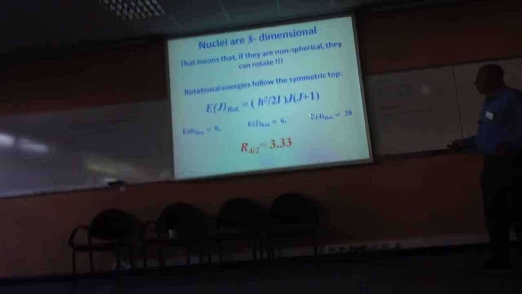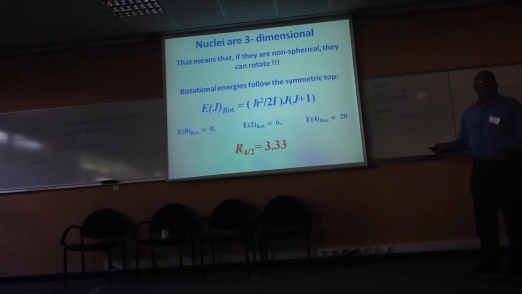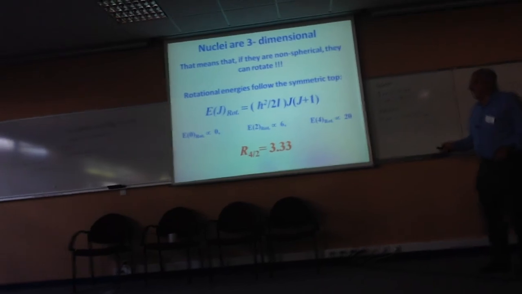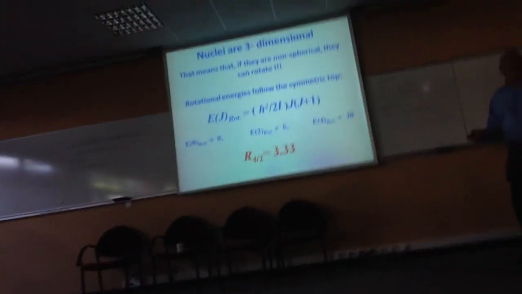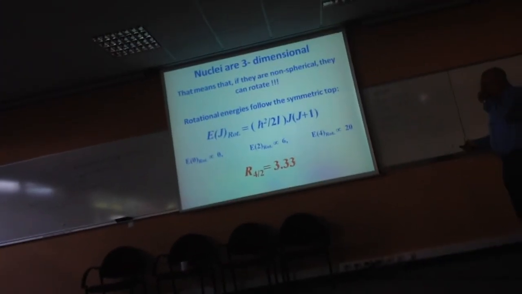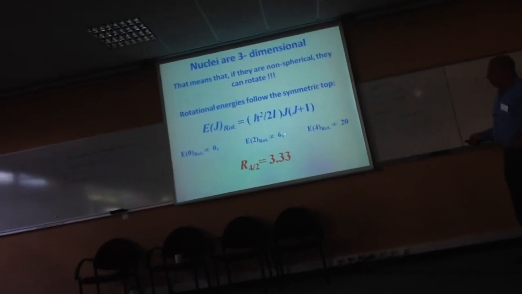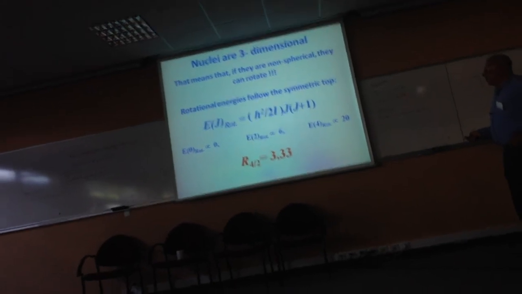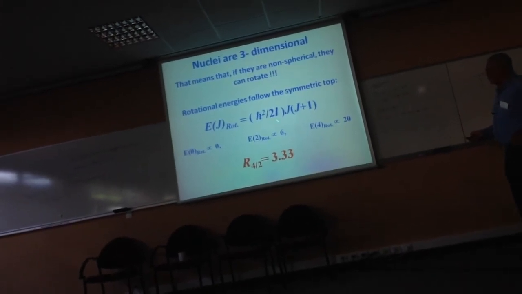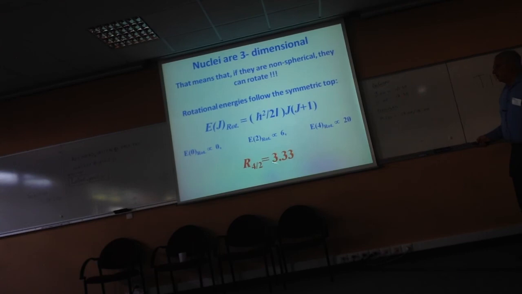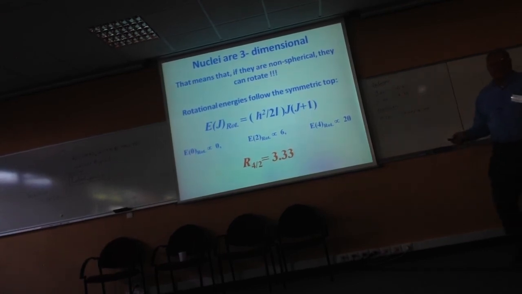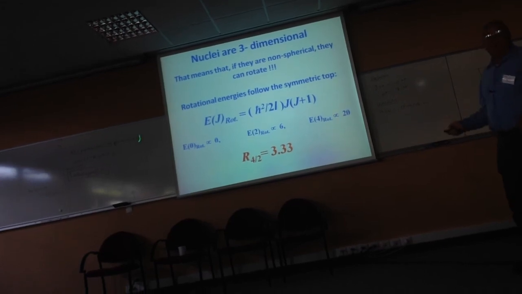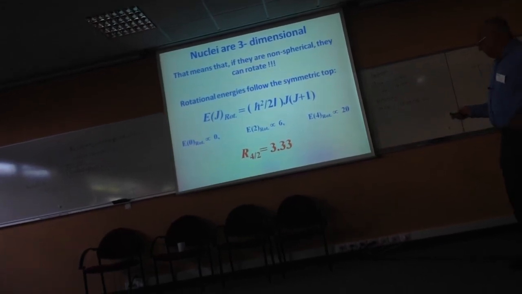Okay, so the 2+ state will be at an energy proportional to 6 and the 4+ at 20. Now it gets a little tougher. The 4 to 2 energy ratio is 20 over 6. Can anybody guess what that could be? Okay, 3.33. All right, so that's a very simple result for a rotational excitation.